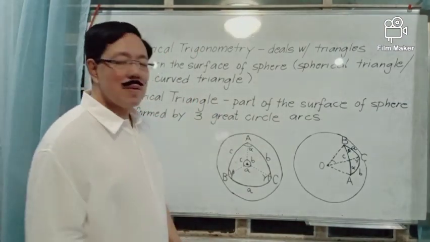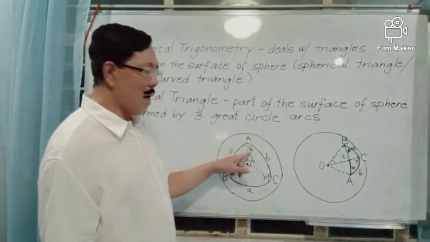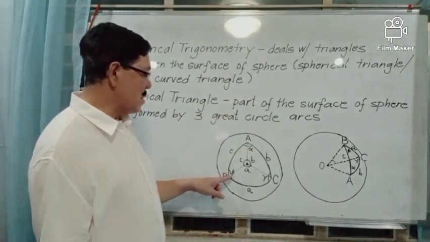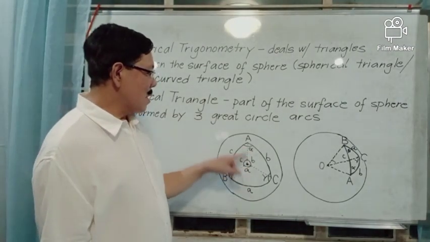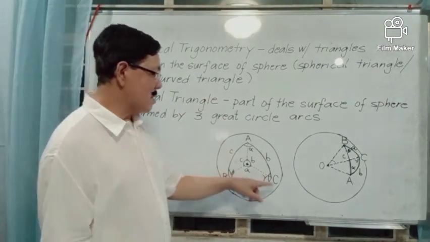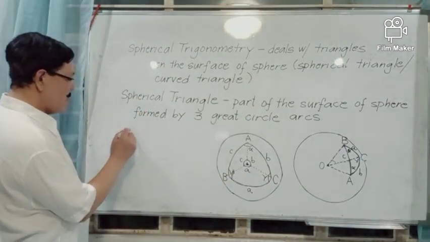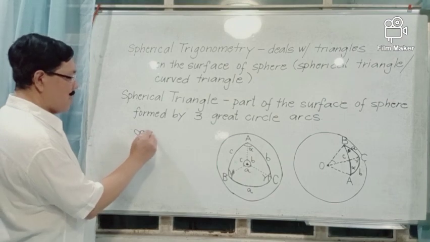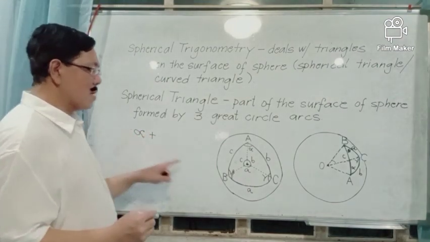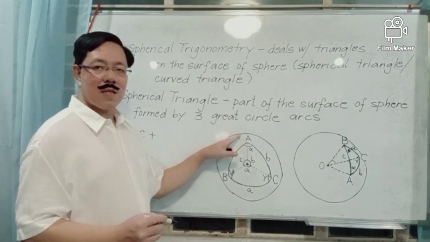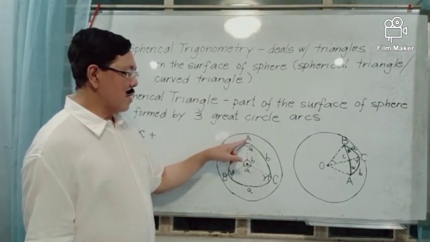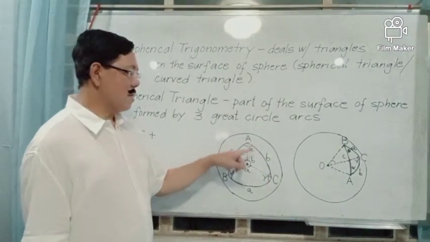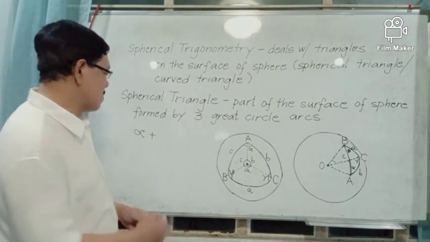If we add angle alpha, angle beta, and angle gamma, the three angles at vertices A, B, C: alpha is the angle at vertex A. Alpha is the angle formed by the intersection of the arcs AC and AB.